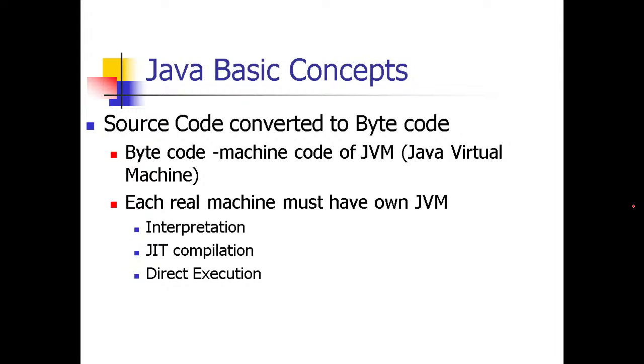The bytecode is converted into machine-compatible code through the JVM and then executed. Each real machine must have its own JVM. The JVM does the interpretation, then the just-in-time compilation, JIT, and then sends it to execution.